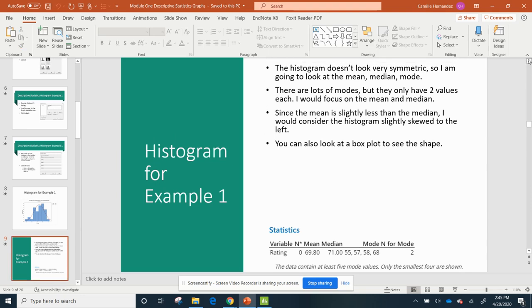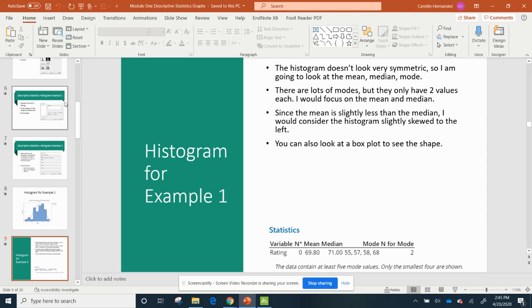So it doesn't look very symmetric, even though I have the symmetric line that has the normal curve in the middle. So I'm going to have to look at my mean, and my median. So my mean was 69.8. My median was 71, and I have a bunch of these modes. So since the mean is slightly less than the median, I consider the histogram slightly skewed to the left.